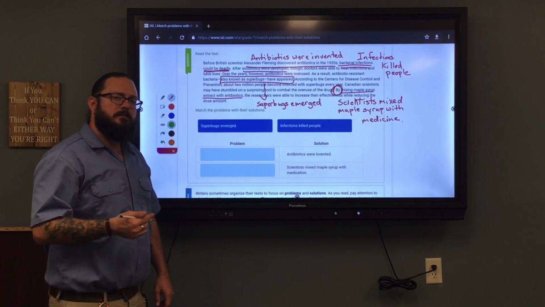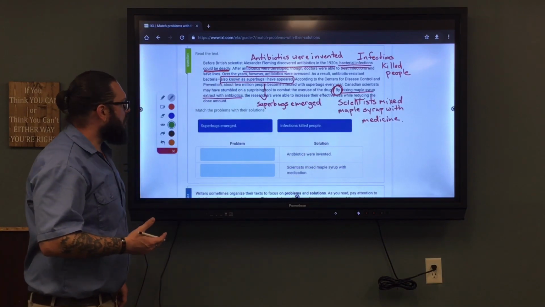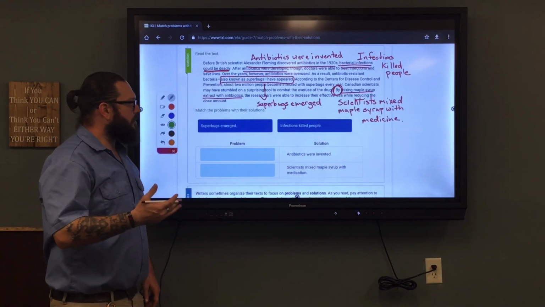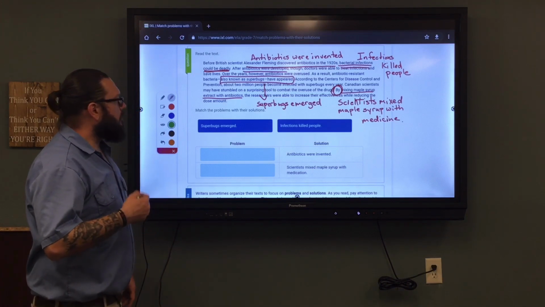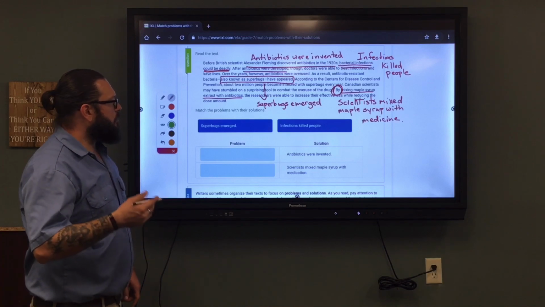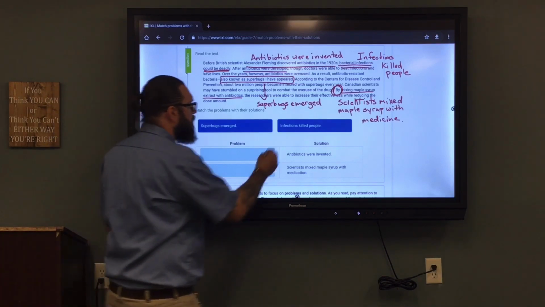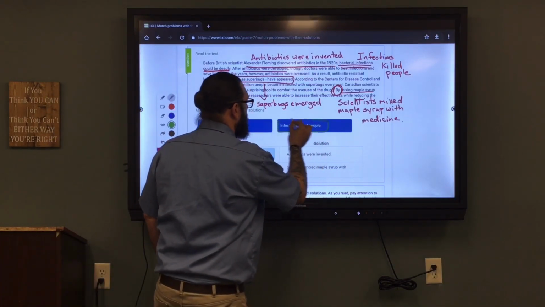So based on the information presented in the passage, we can use this as evidence to help us match the problem with the solution. So, antibiotics were invented as a result of infections killing people.